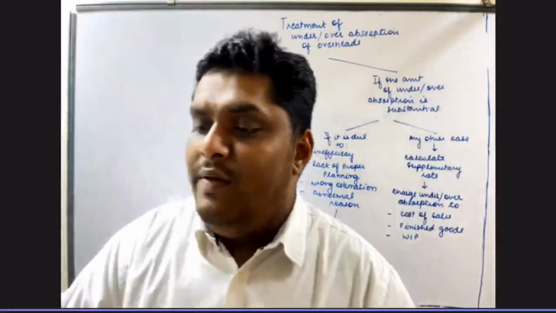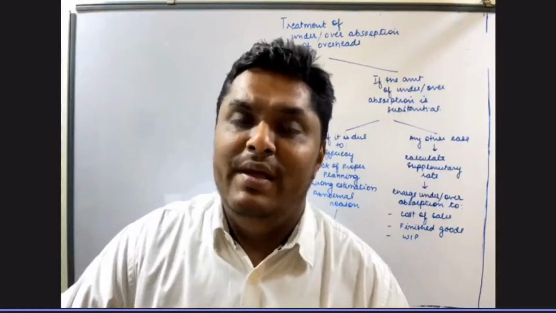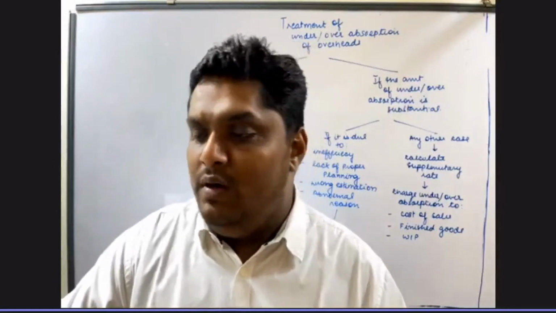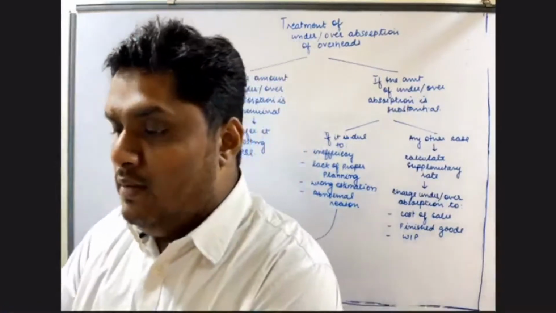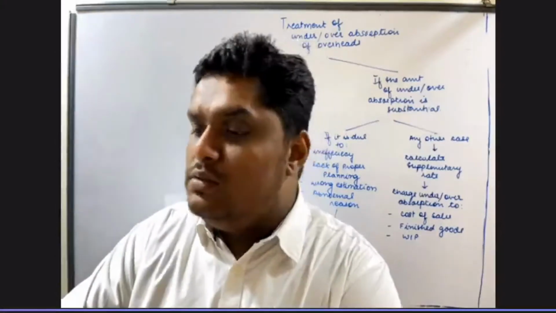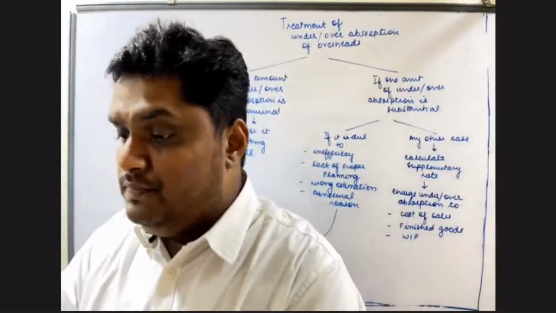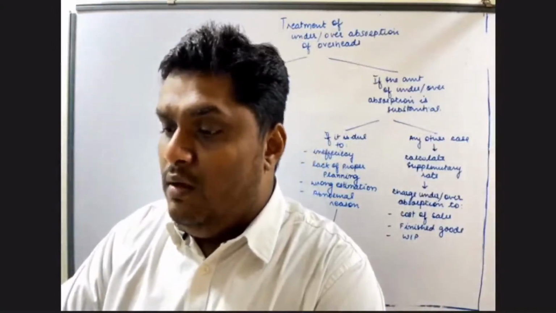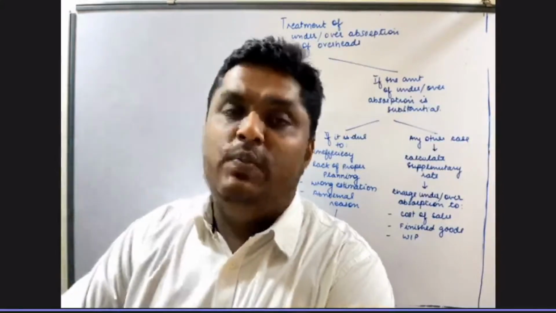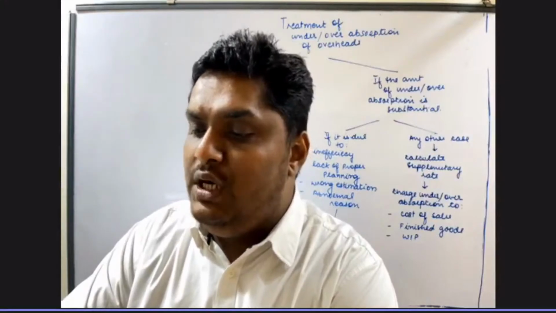When talking about abnormal reasons, the reasons are more or less same as we will be discussing in abnormal loss. One of the reasons can be machine breakdown also. Please open your study material, page number 4.66, question number 8.